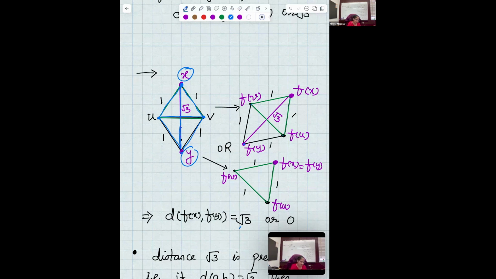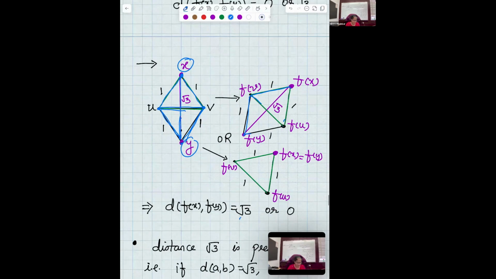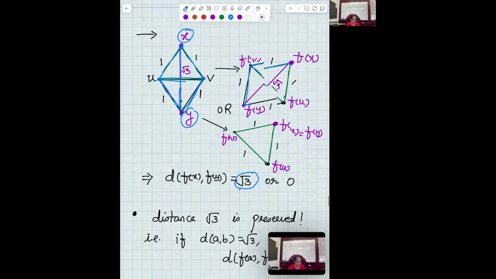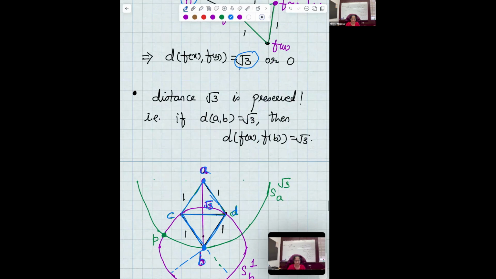So either we have this situation here, and the triangle below is also mapped here, or it just collapses on top of the other. So you have only two choices. That means the distance between the image points f(x) and f(y) is either square root of 3 or equal to 0. Now let's show that distance square root of 3 is preserved.